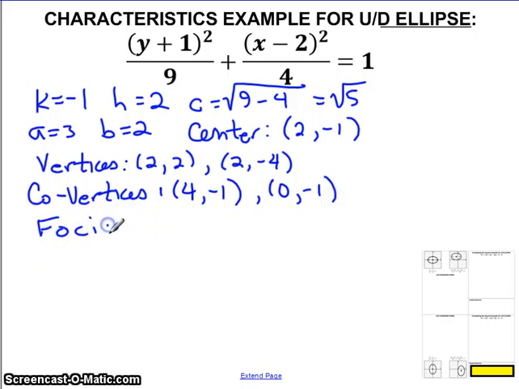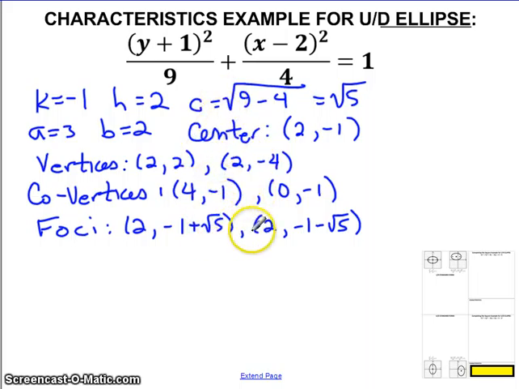And the foci, focal points, will be at 2, -1 plus square root of 5, and also at 2, -1 minus square root of 5. Again, these are all calculated from the characteristics formulas using h, k, a, b, and c.